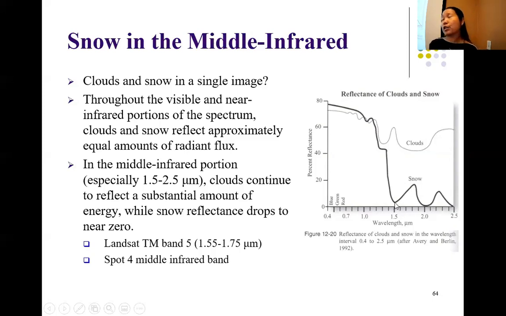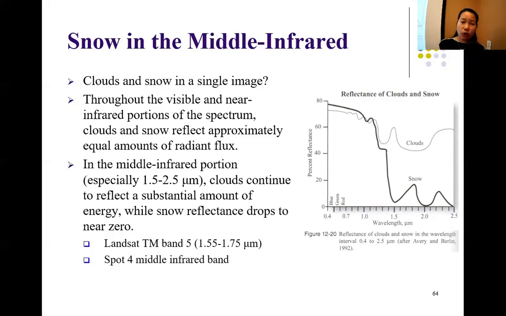So if you have a sensor able to provide data in this kind of range, that difference can be significant in the image, because then the clouds will show much brighter and the snow will show a much darker color. Combining this, you're able to separate the confusion.